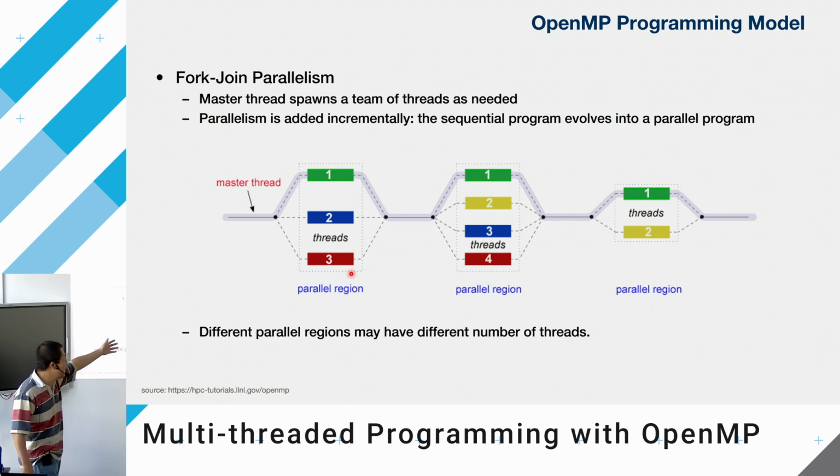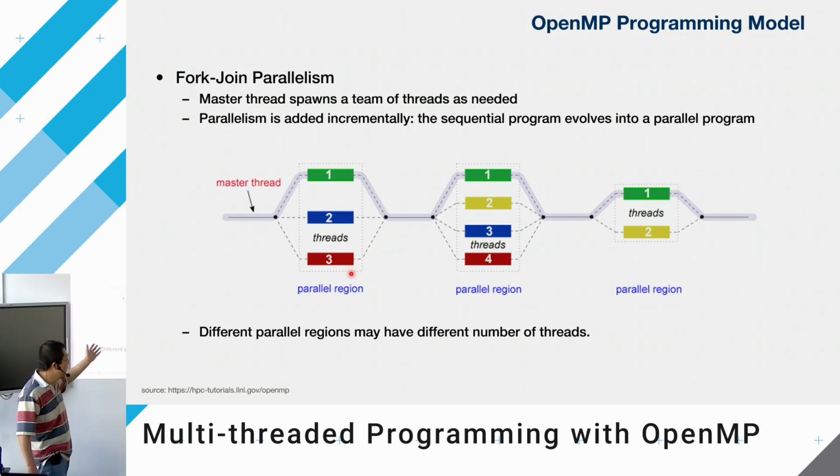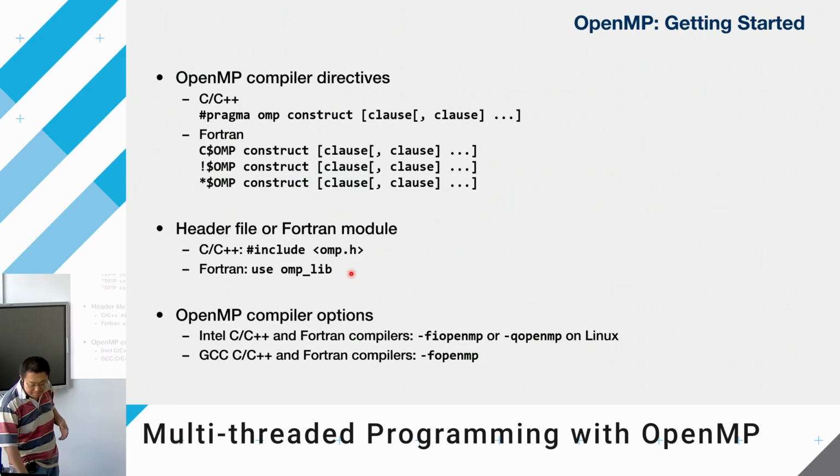Then you start another parallel region, and you synchronize again. And then you start another parallel region, and synchronize again. And then the execution of your code finishes. So basically, this is a high-level overview of how OpenMP works. In different parallel regions, you have the freedom to create whatever number of threads, based on the character of your application.